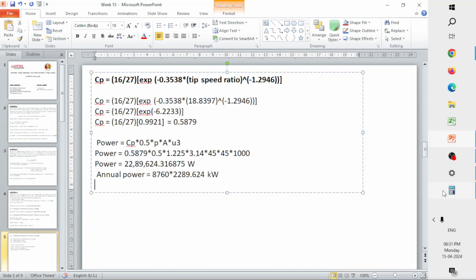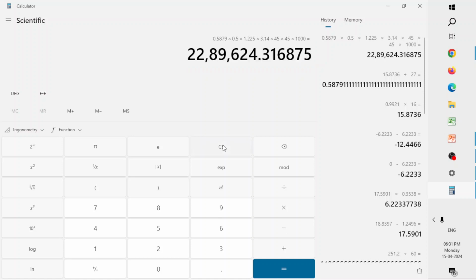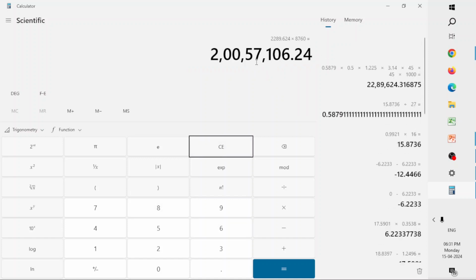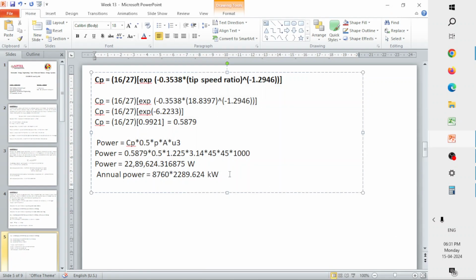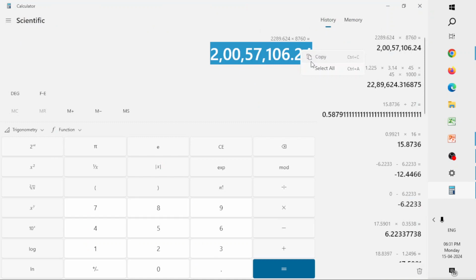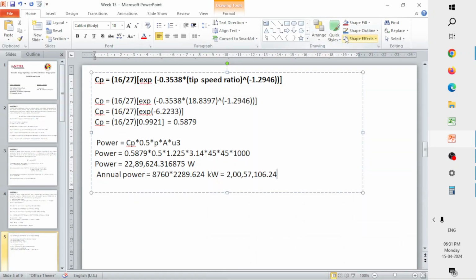So if you just multiply 2289.624 times 8760, then you will get this much amount of kilowatt hours.